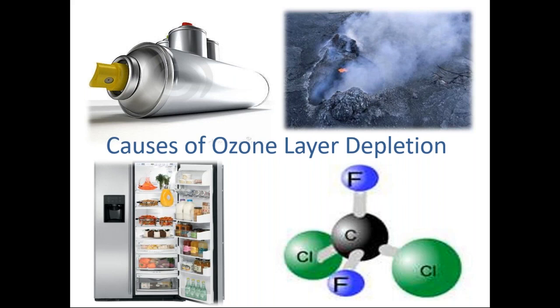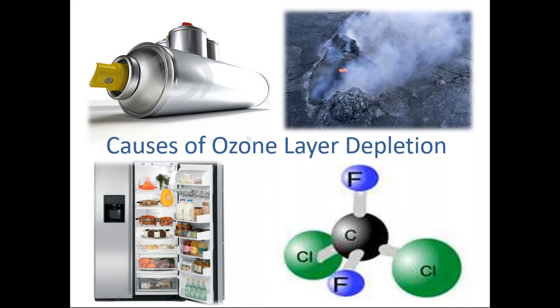Some of them include the halocarbon refrigerants, because these halocarbons are actually produced to help bring about the cooling effect in our refrigerators. We also have solvents and propellants, and also foam blowing agents, which is the chlorofluorocarbon that I talked about. We also have the halogens.